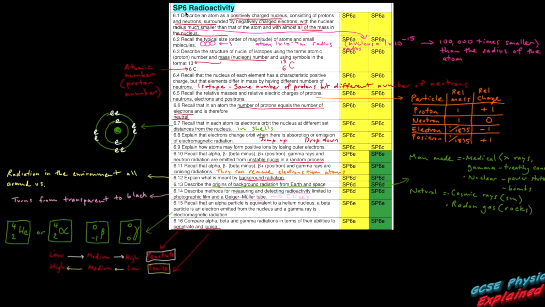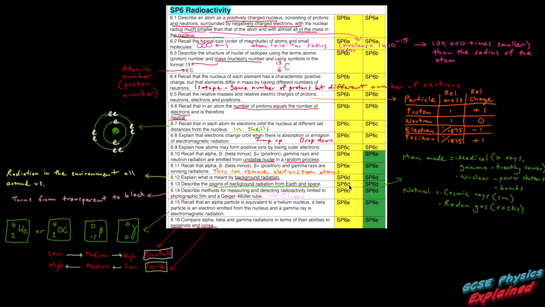And the last unit for foundation and higher candidates is SP6 Radioactivity. The content that the foundation candidate needs to know is exactly the same as the content for the higher candidate. These statements here, you don't need to know quite as much detail.